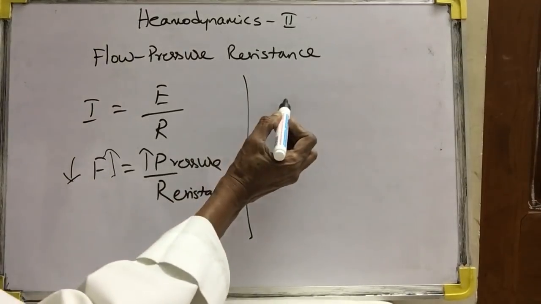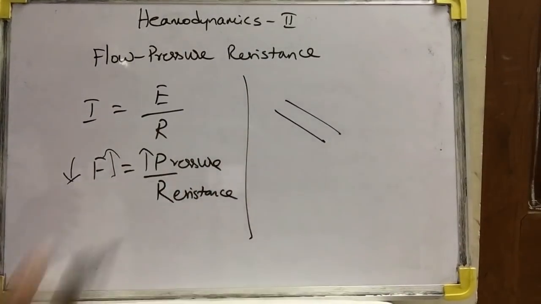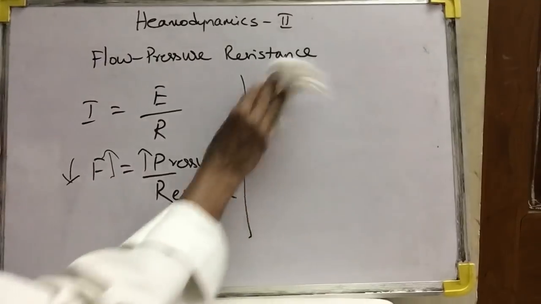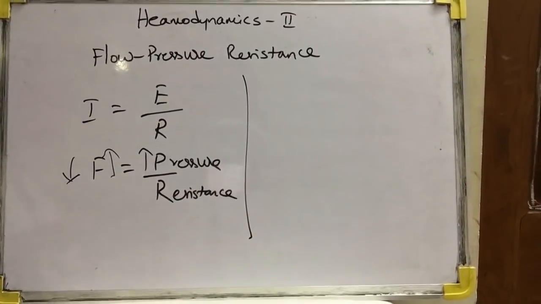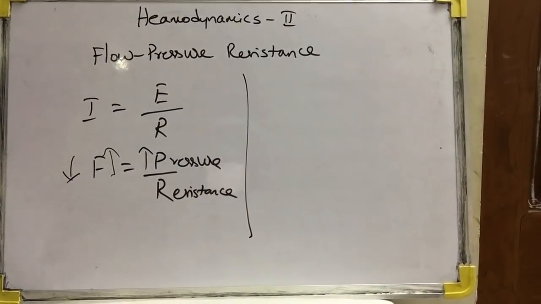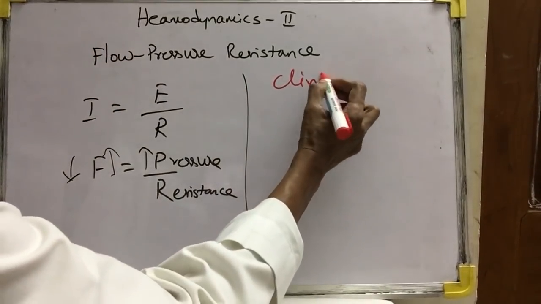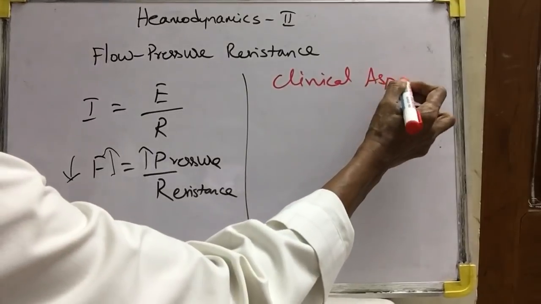For example, this is the aorta. Remember, we are talking about Bernoulli's principle since we missed this part, the clinical aspect of Bernoulli's principle.